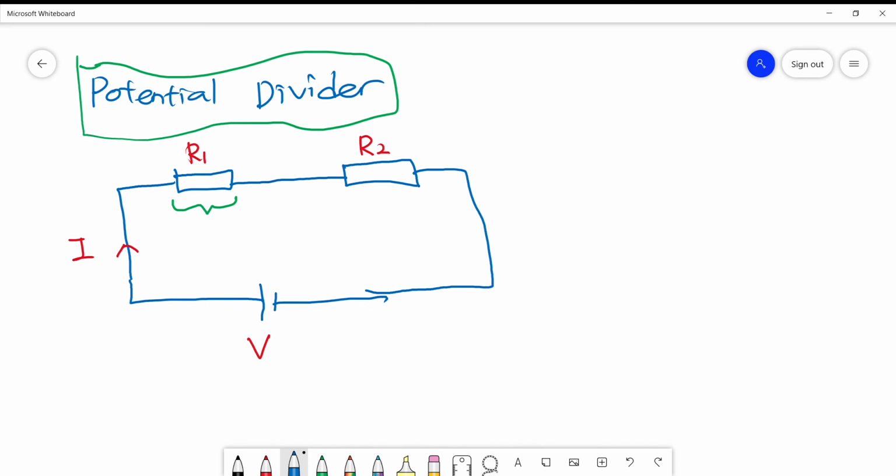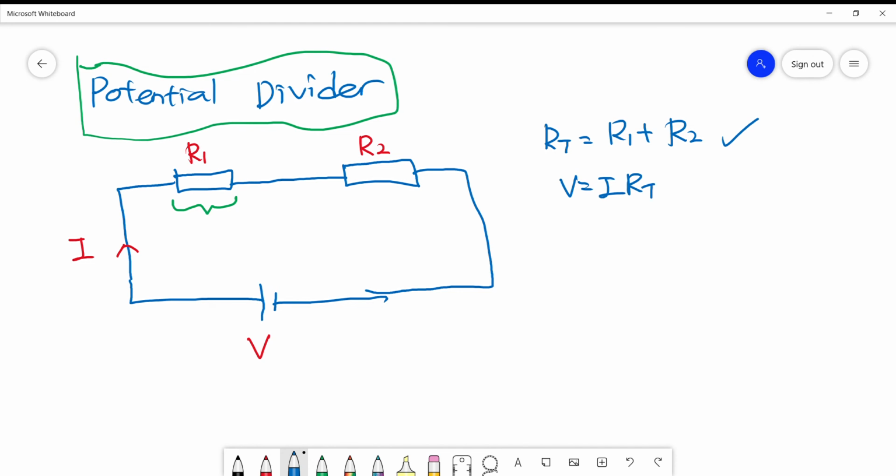Okay, so first of all, what we need to do is find out the total resistance. Our total resistance is actually the first resistor and the second resistor combined, since both resistors are connected in series, and this is our total resistor. Since V equals IR, I prefer to write it as RT.